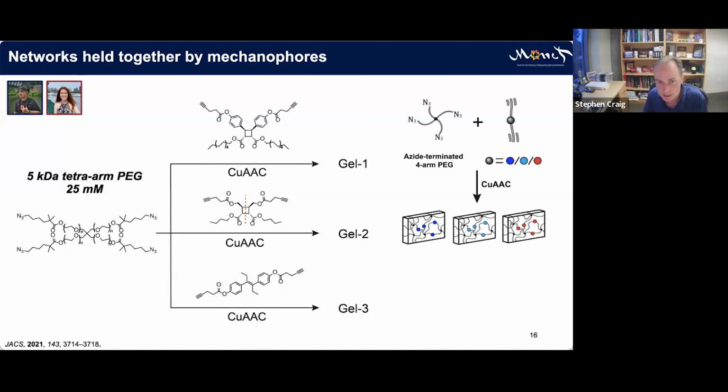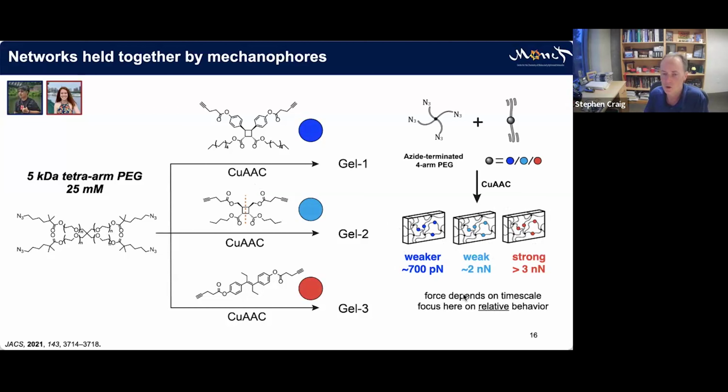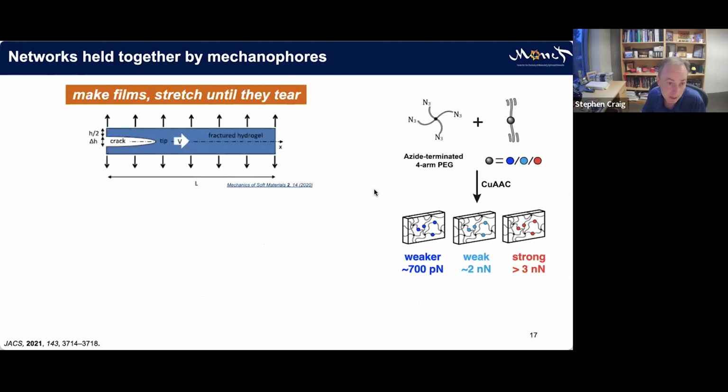They do all of these under identical conditions, making polymer gels that are identical except that they have embedded within each of the elastically active strands of that network a group that is either very mechanically reactive, a little mechanically reactive, or not especially mechanically reactive. And then ask the question, okay, what does that embedded reactivity mean for the mechanical limits of the polymer?